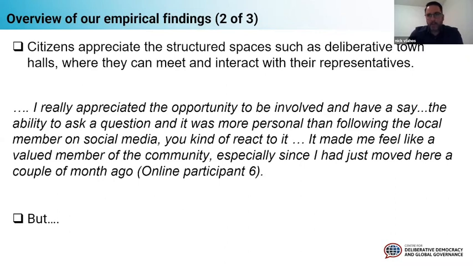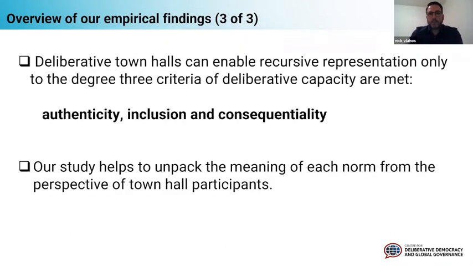But all that said, ultimately these deliberative town halls can enable recursive representation to the degree that they're meeting normative criteria. In this circumstance, we found that deliberative capacity is an interesting way to think about recursive representation and directly representative democracy. A lot of these normative ideas overlap: authenticity, inclusion, and consequentiality, which I'm going to jump into in the next section.